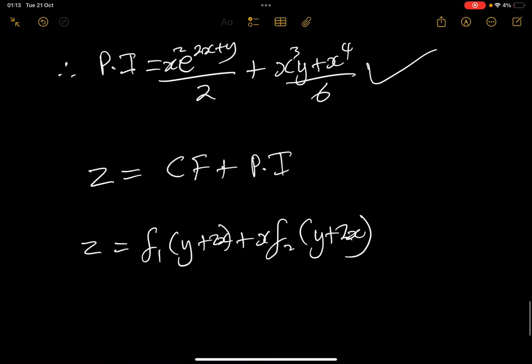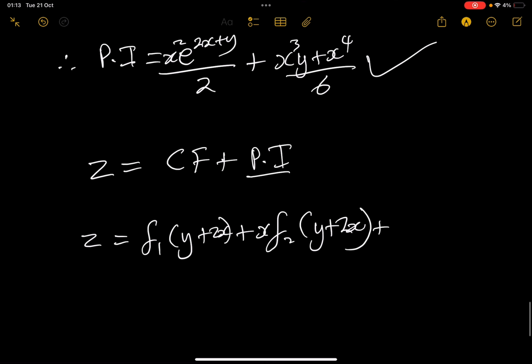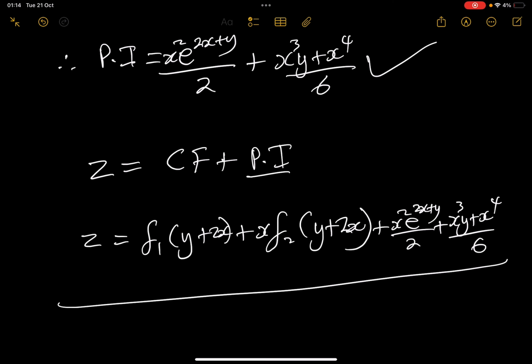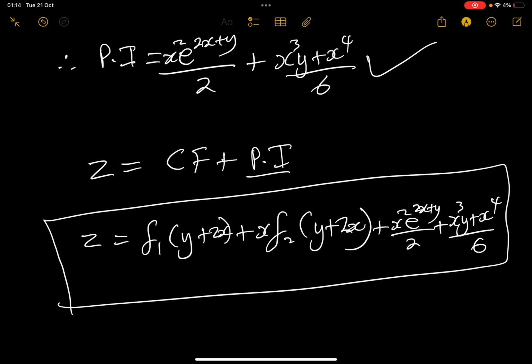And then now we need to add the particular integral, which is x squared e^(2x + y/2) plus x cubed y plus x to the power 4 over 6. So now this is our entire solution for this problem.